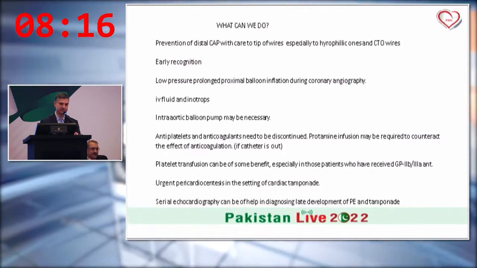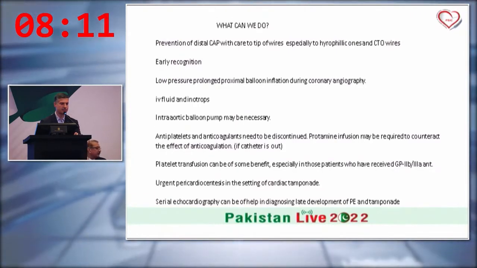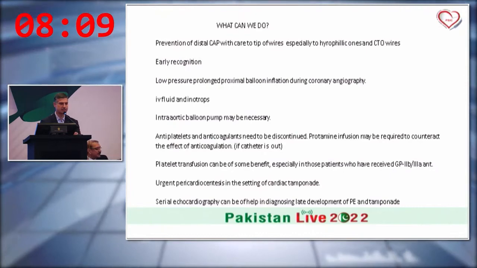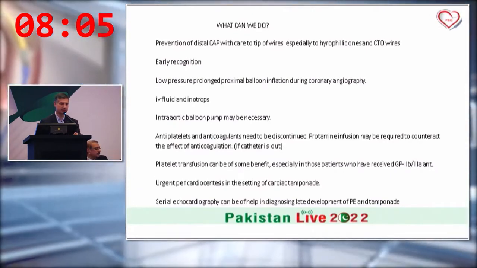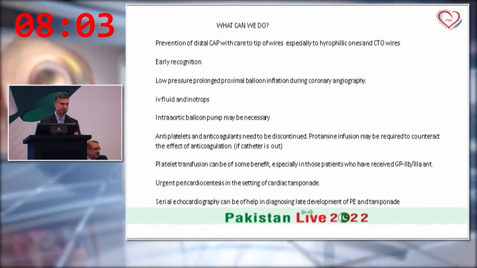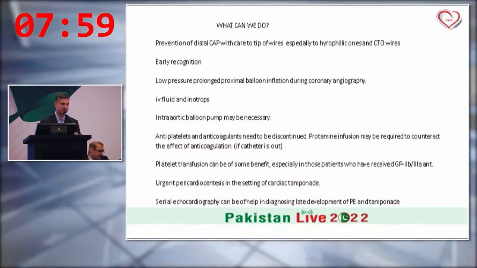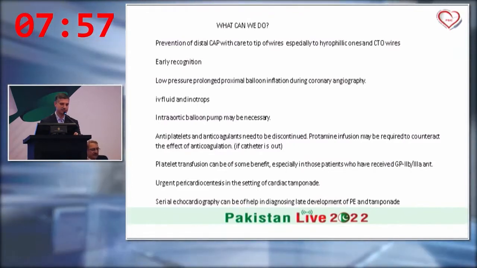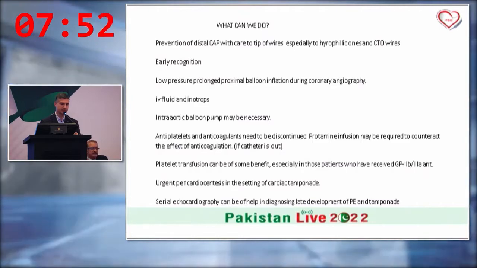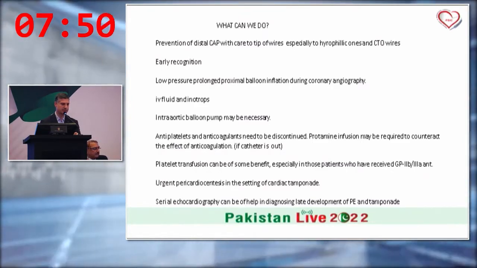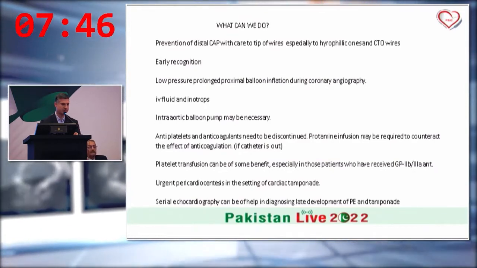If necessary, an intra-aortic balloon pump may be used in some situations. Anticoagulation should be reversed just after taking out the catheter, otherwise we may have catheter-induced thrombosis. Platelet transfusion can be of some benefit, especially in patients who have received GP2B antagonist. Urgent pericardiocentesis is important for hemodynamic stability.